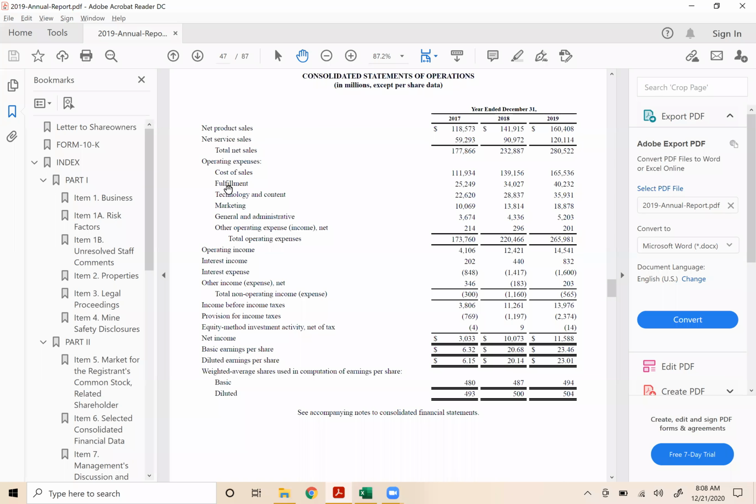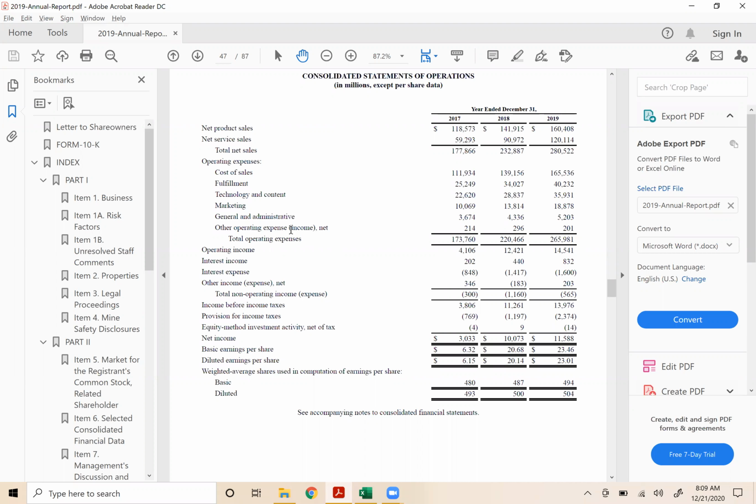Then everything else, fulfillment, technology, marketing, general administrative, other operating expense, I listed all together as operating expenses. And so if you see an other line item, you do want to think twice and say, should this be in our general operating expenses or not?